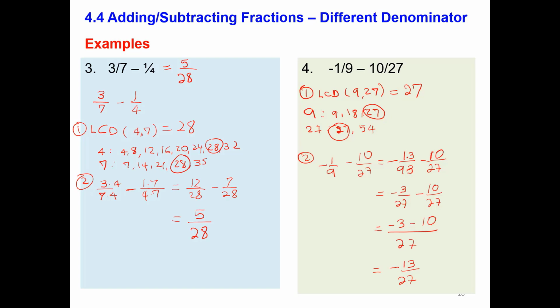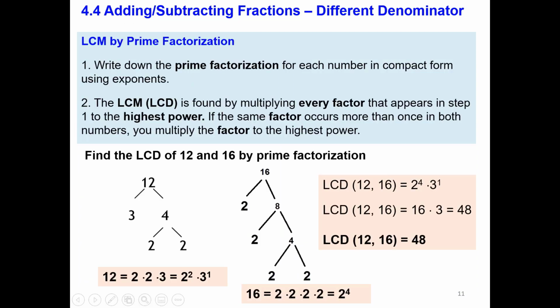Then now we move to the next slide. Here we want to find the LCD using another method. Sometimes it is good to use prime factorization when the numbers are larger and it's hard to write all the factors.